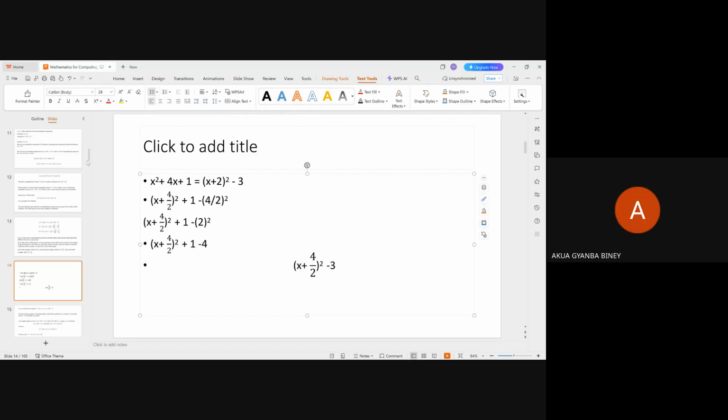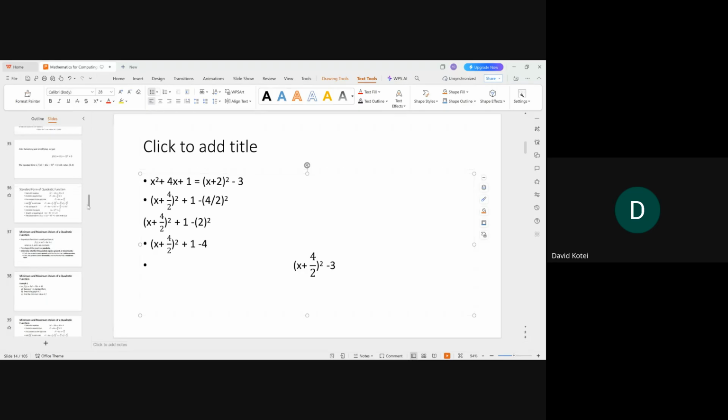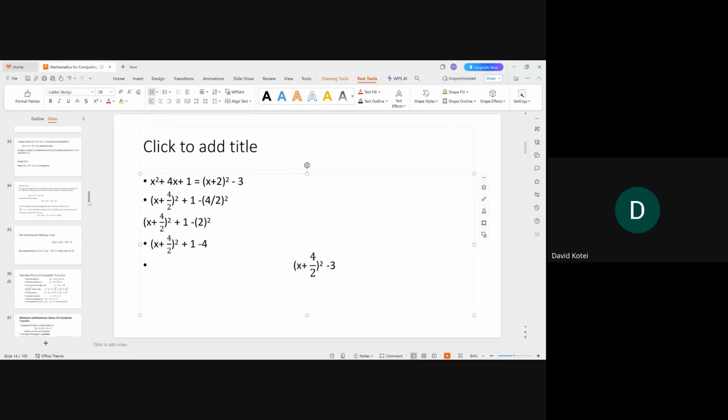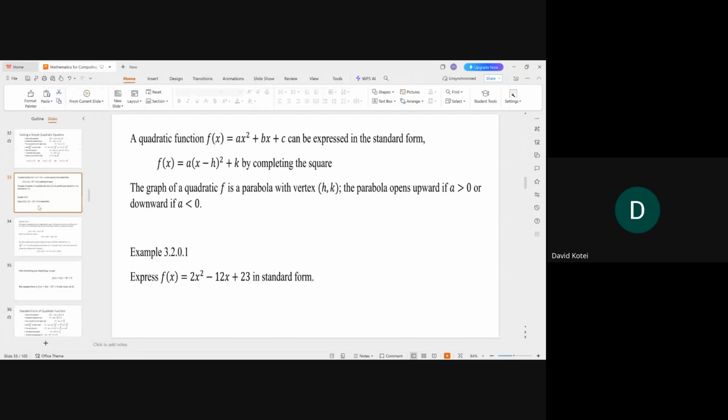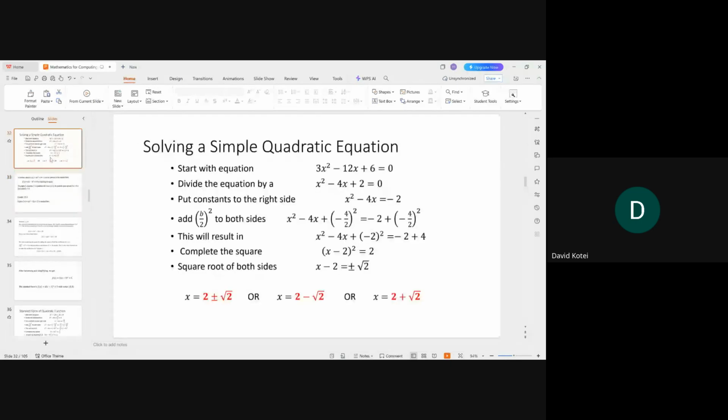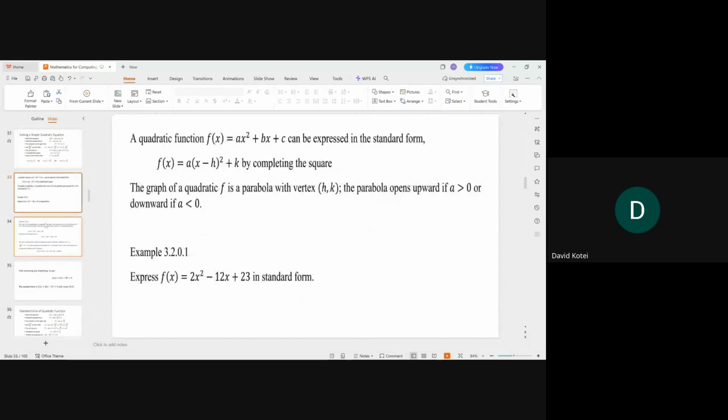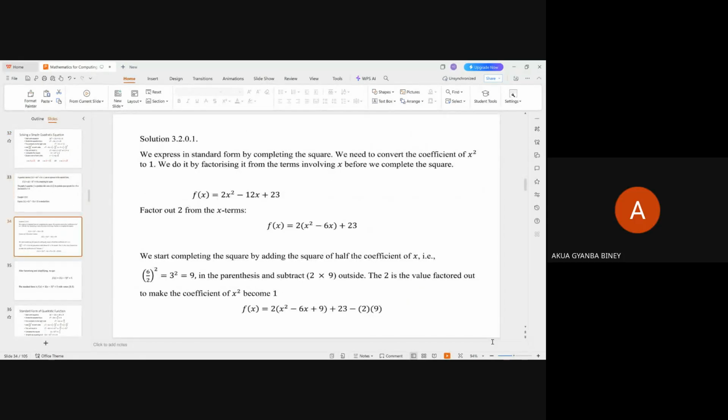But now where we are, you realize that here the coefficient of x squared is 2. It wasn't just x squared.